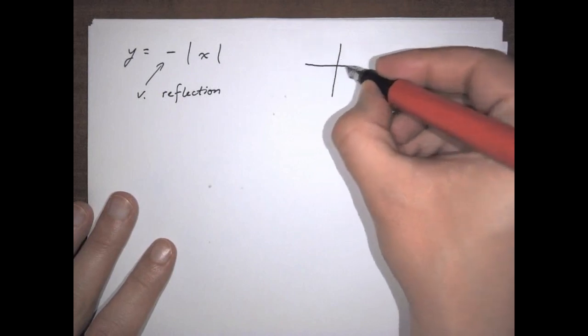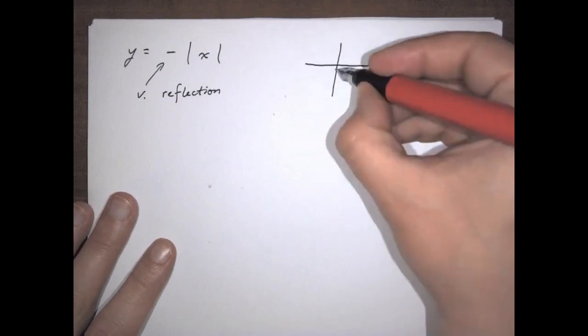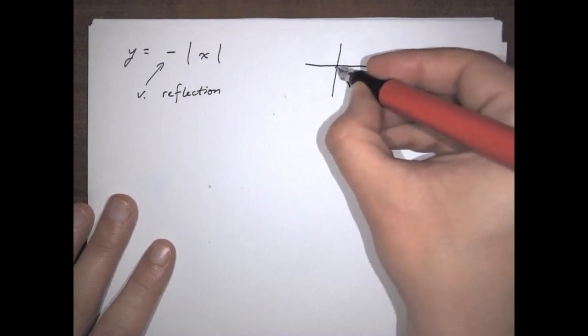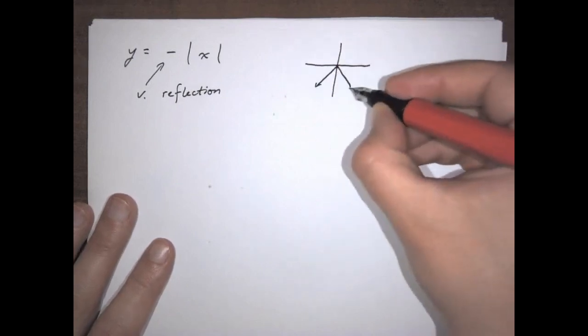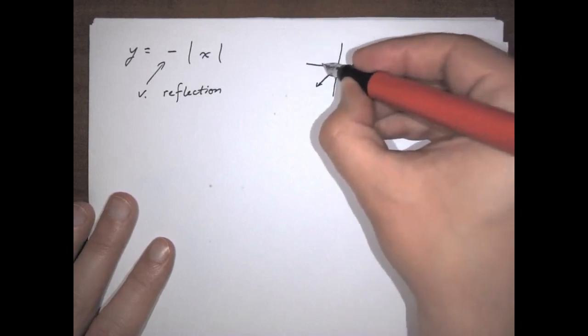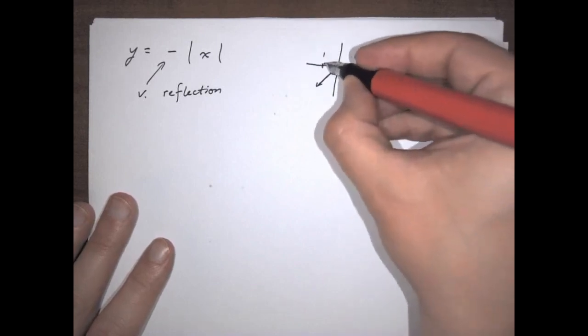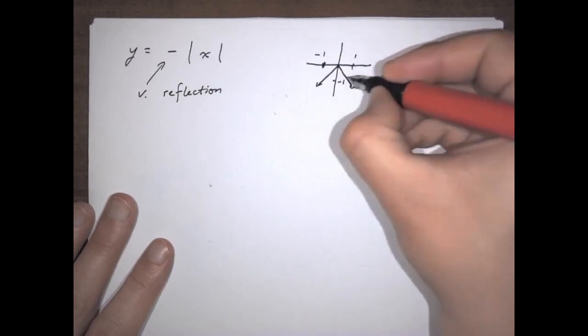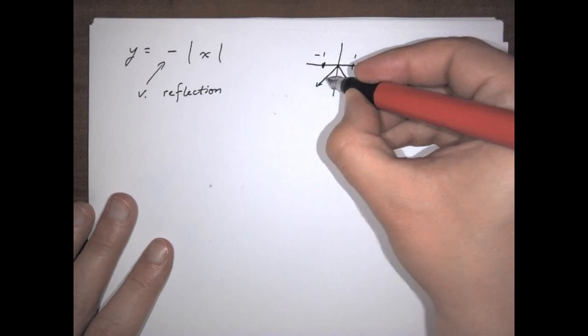And so all the y values are going to be the opposite of what they once were, from taking as our starting point the original basic function of absolute value. So now they're going to be going down to -1.